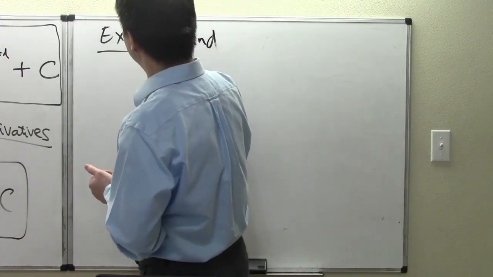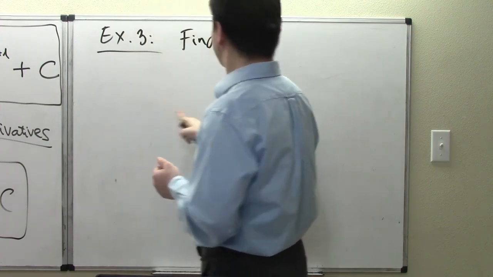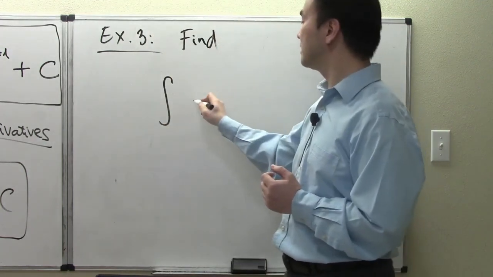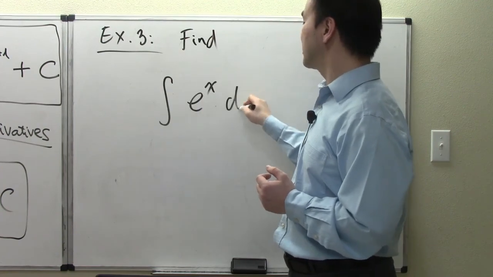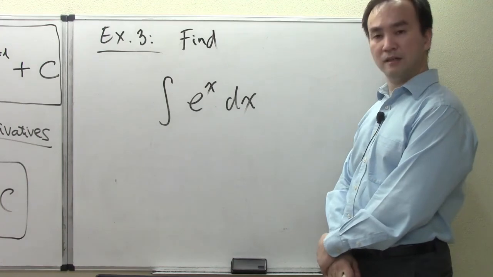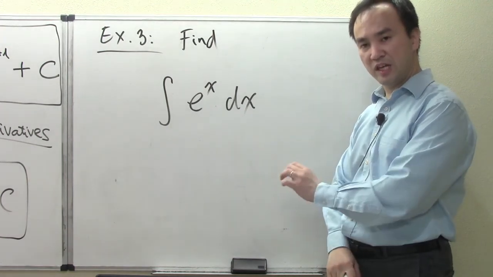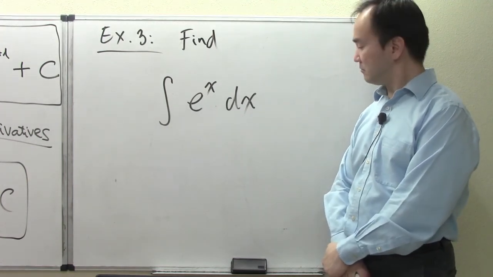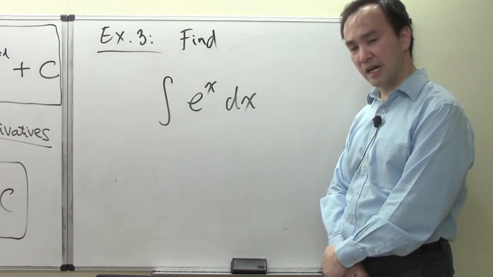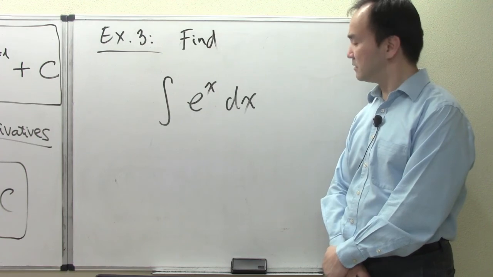All right, so now how about let's find the antiderivative of e to the x. E to the x, an exponential function, but base e specifically. So what function has e to the x as its derivative?